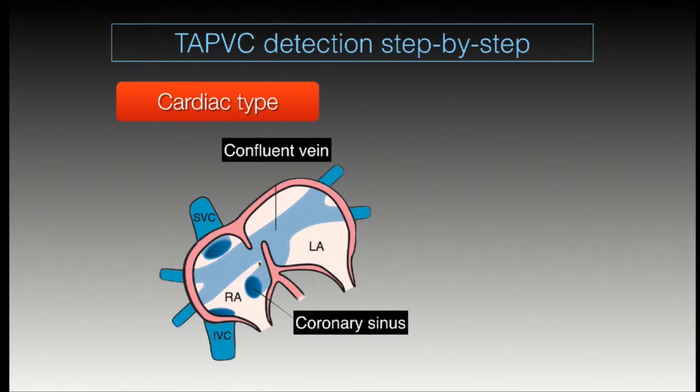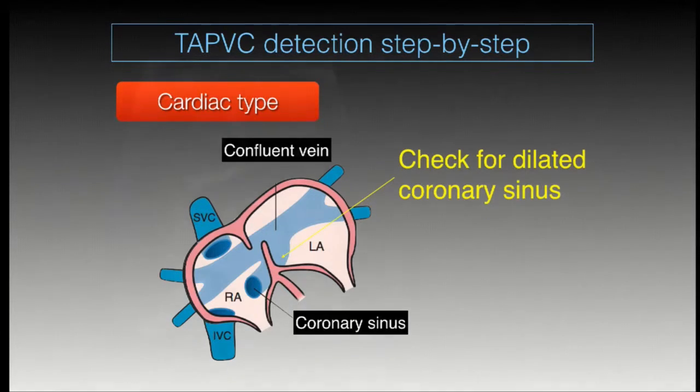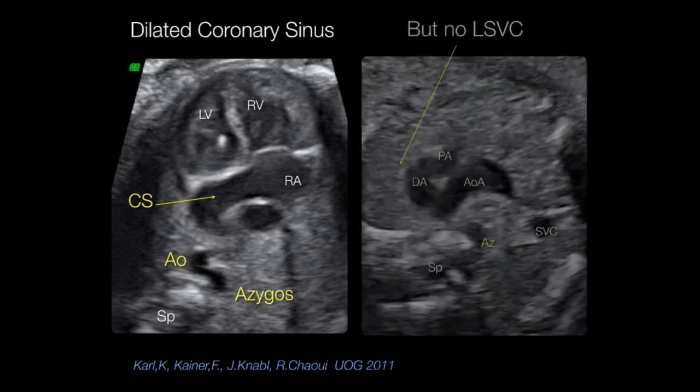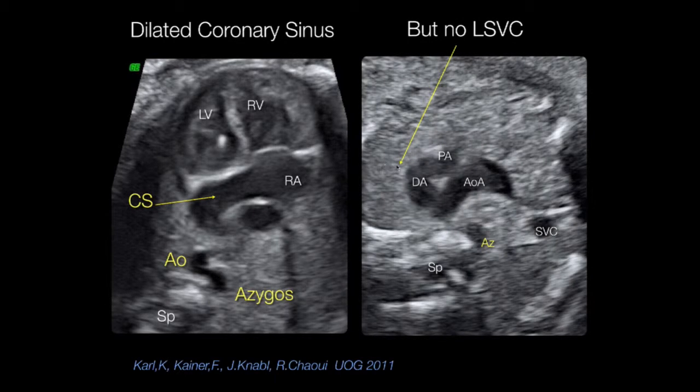Now, if we go through the different conditions step by step, for the cardiac type, you check from the confluent vein, but you should check for either a dilated coronary sinus or the site of connection. So I will show you one case we published a couple of years ago. There is here a dilated coronary sinus. We heard that this is a typical sign for a left superior vena cava. We go to the three-vessel trachea view, but there is no superior vena cava in the three-vessel trachea view.